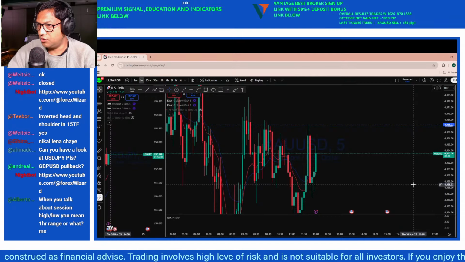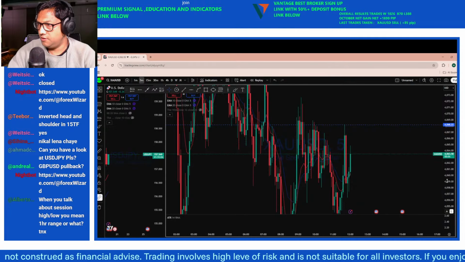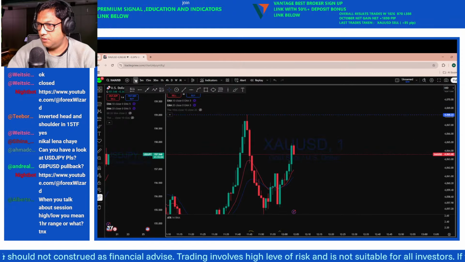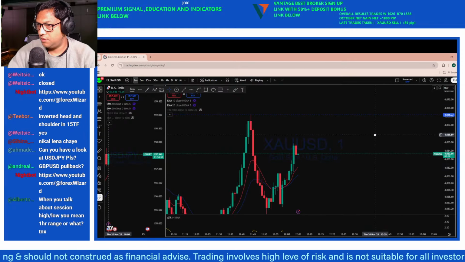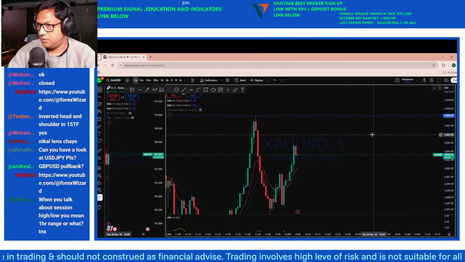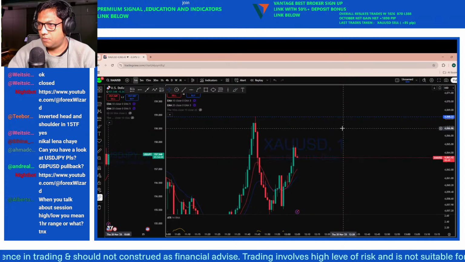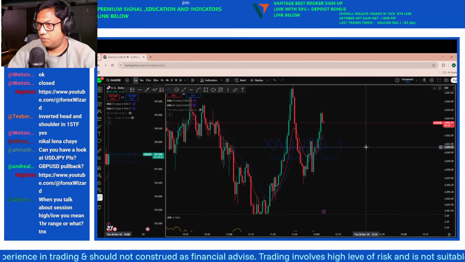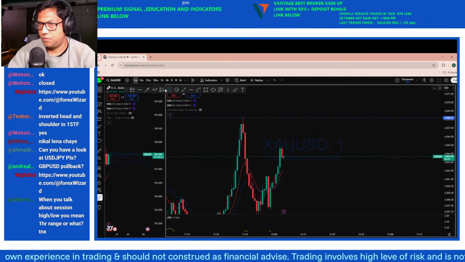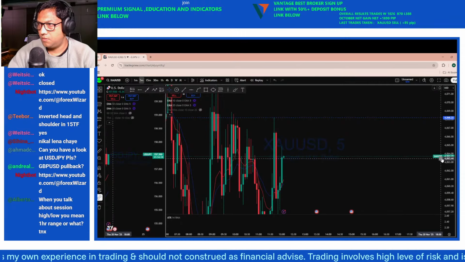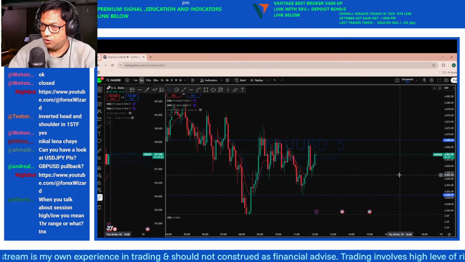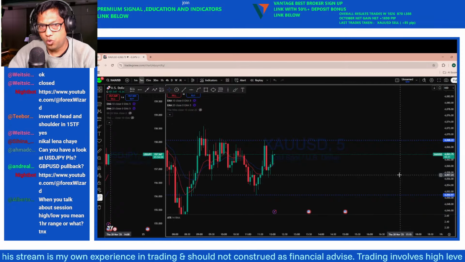So there's another 5 minute candle closing here, and now this is an undecided market at the moment, so it can move in both directions.